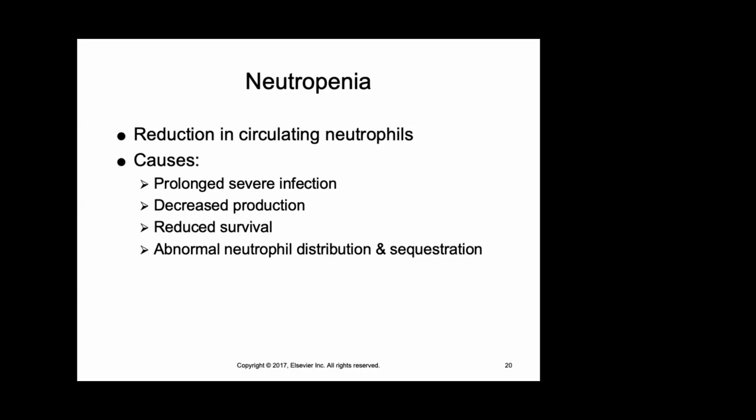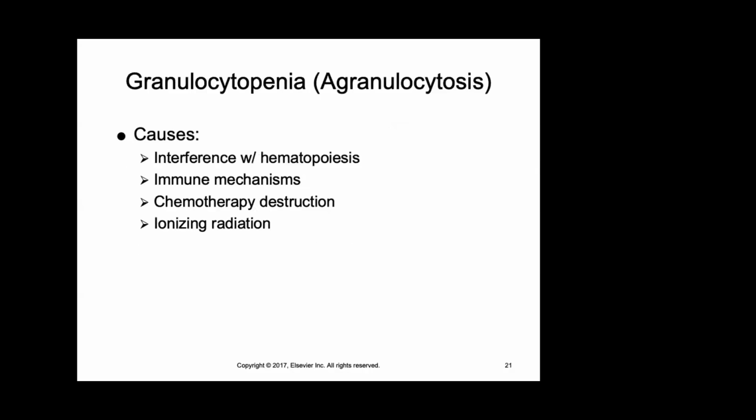What will happen as a result is that the neutrophils will do battle with the pathogen and their numbers will go down, because remember, they're a primary component of pus. Decreased production: there could be something wrong with the marrow. It could be inherited or it could be acquired, such as a viral infection or a cancer. Reduced survival: the neutrophil is defective for some reason. And then abnormal neutrophil distribution and sequestration.